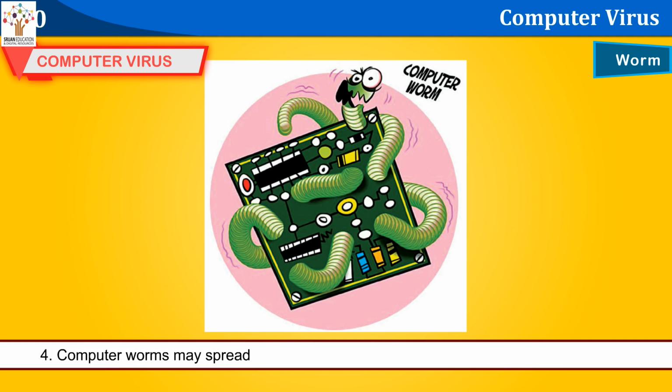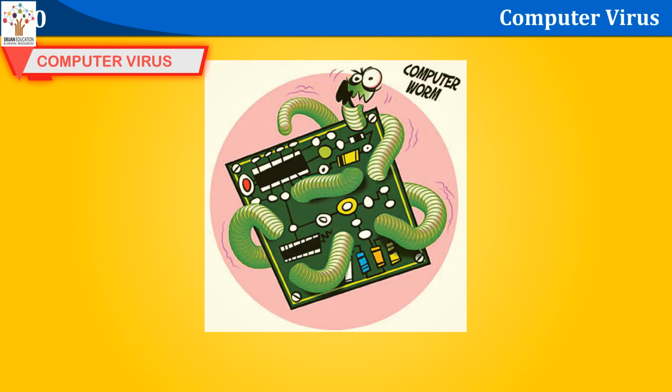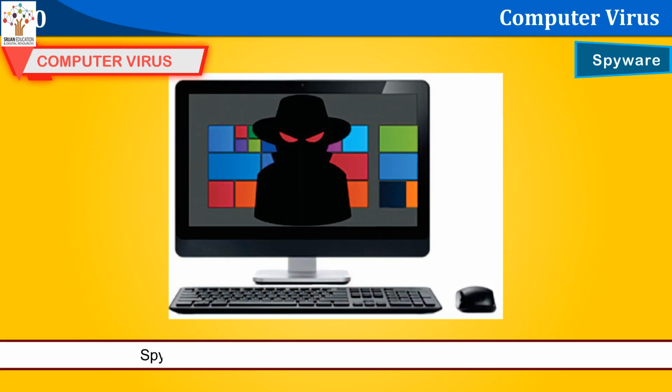Computer worms may spread through infected storage media such as floppy disks, pen drives, infected hard disks, etc., which when used on a system would infect other storage devices connected to the system. Spyware. Spyware is one of the most common threats on the internet. It can easily infect your device and is hard to identify.